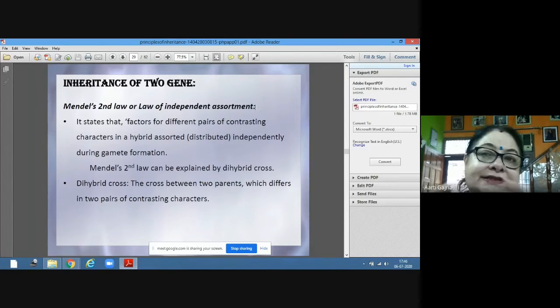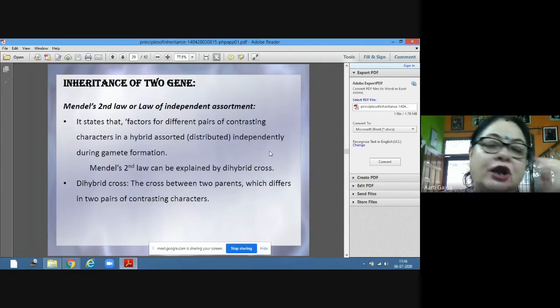Assortment means distribution, separation. When they are getting assorted at the time of gamete formation, they are not depending on each other. So this is another law of inheritance, which is called the law of independent assortment.